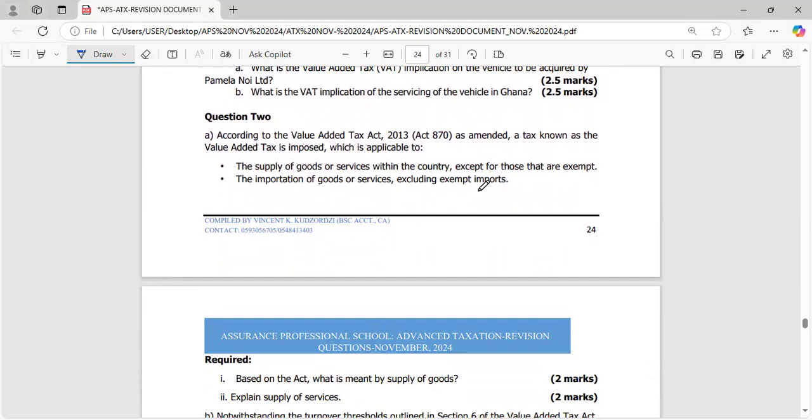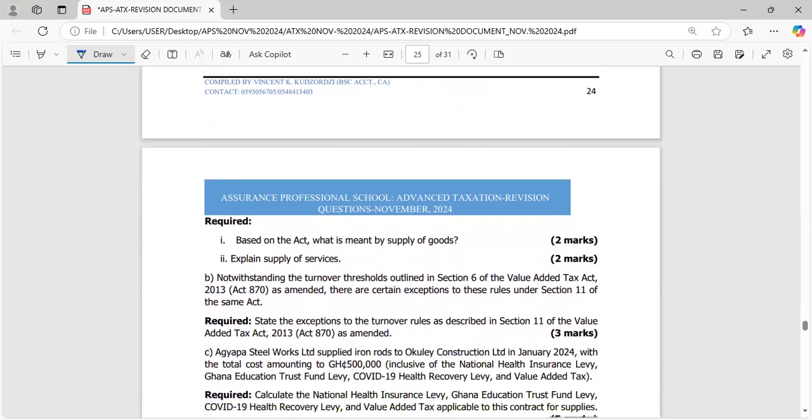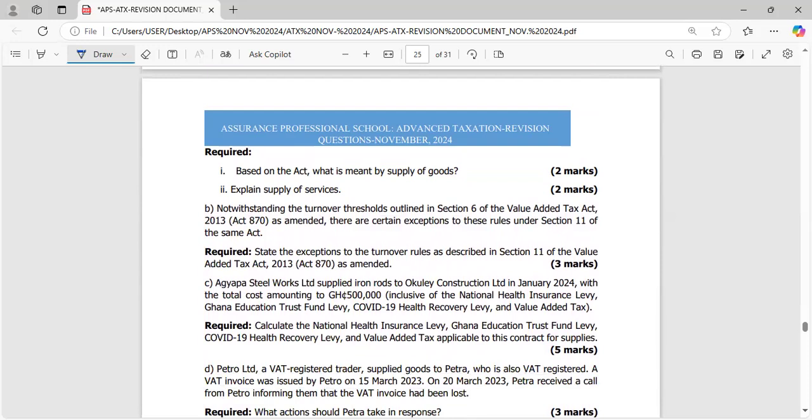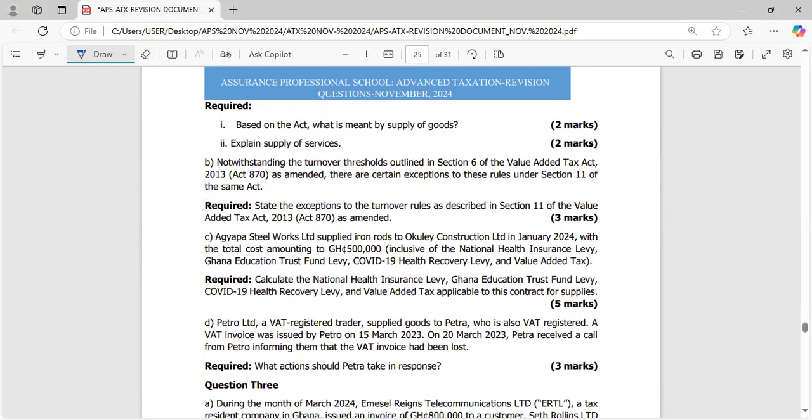Unless the item is clearly exempted under the VAT Act, the item will be subject to VAT. Now, based on the Act, what is meant by supply of goods? I've already explained this, and what is meant by supply of services. Notwithstanding the turnover threshold, take the exemption to the turnover rules.